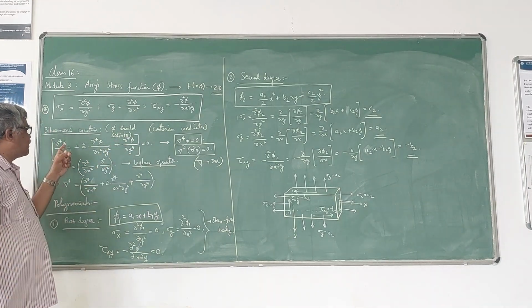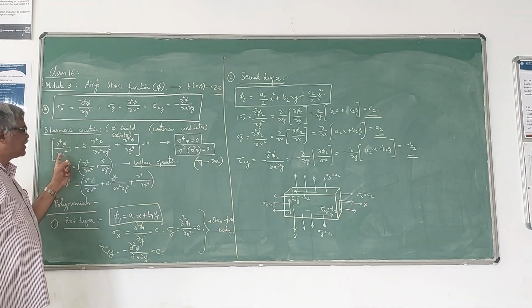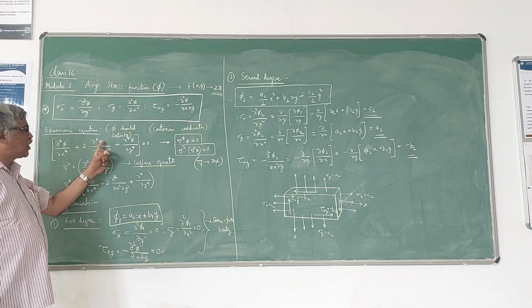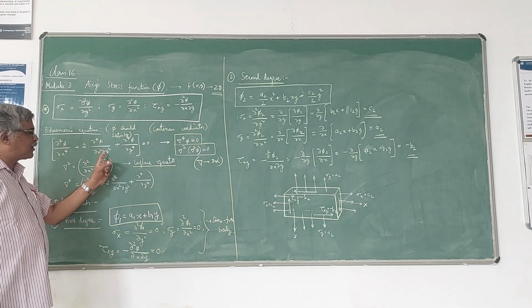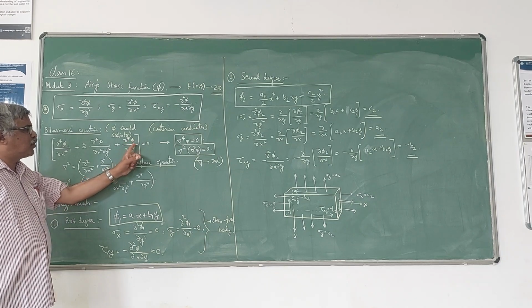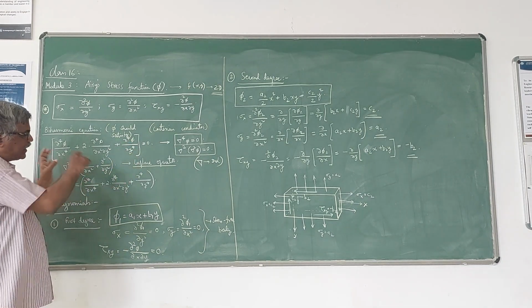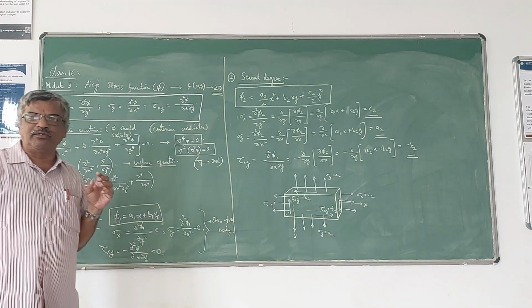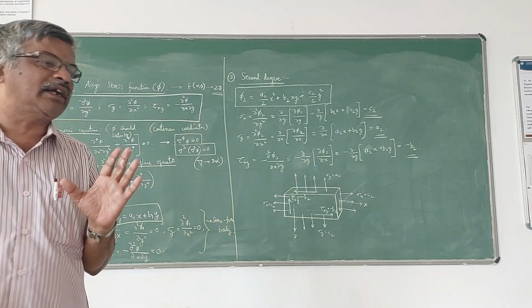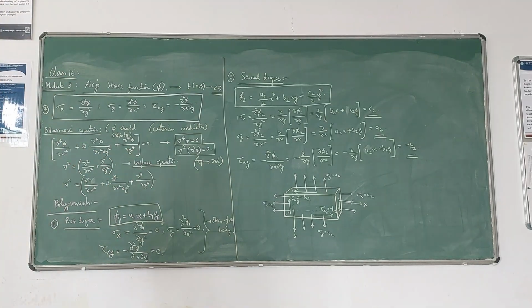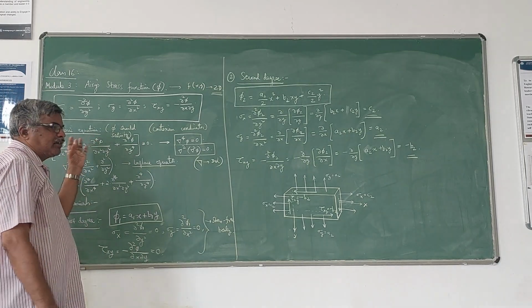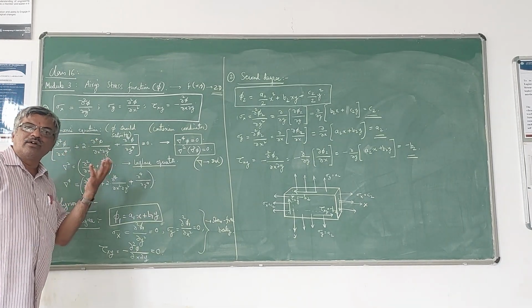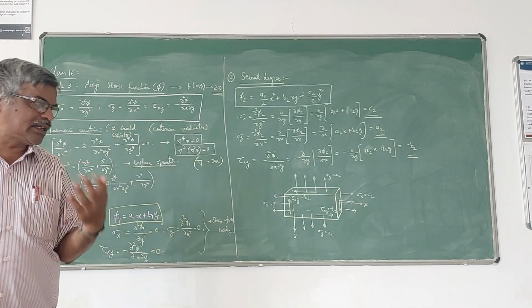Differentiate phi 4 times with respect to x, differentiate phi 2 times with respect to x and 2 times with respect to y, differentiate phi 4 times with respect to y, and then take the sum of all those three. If you get it as 0, then definitely it satisfies the biharmonic equation, or you can say phi represents an Airy stress function.